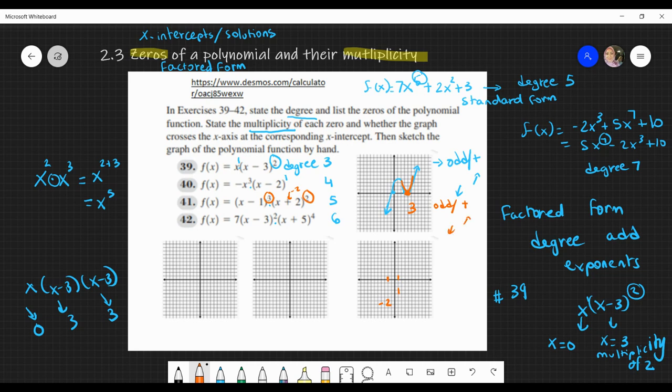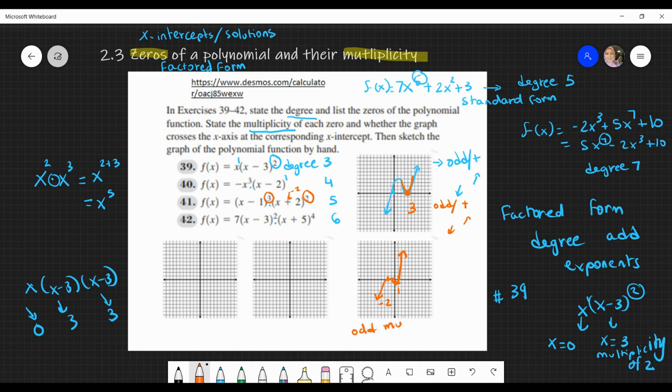So this graph is going to start down, and it's going to bounce at negative 2, which means it's going to form a parabola shape, and then it's going to go up, which we don't care what happens in between, we just need a general sketch.